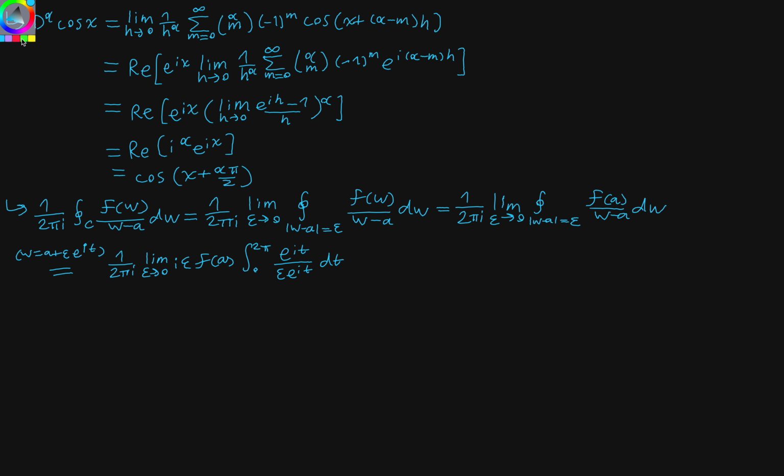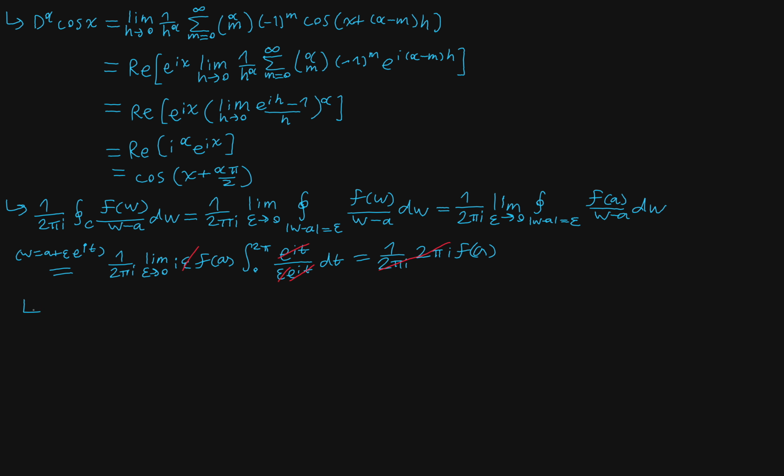And so here we have a lot of cancellations. This epsilon cancels with this epsilon, and the e to the it cancel out here. And so in the end, we're just going to get 1 over 2 pi i times 2 pi i times f(a). Obviously these cancel, and we're just going to get f(a).